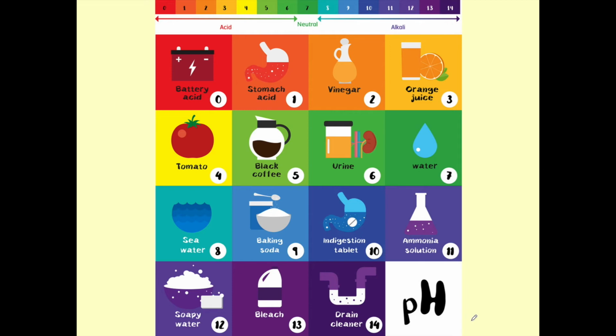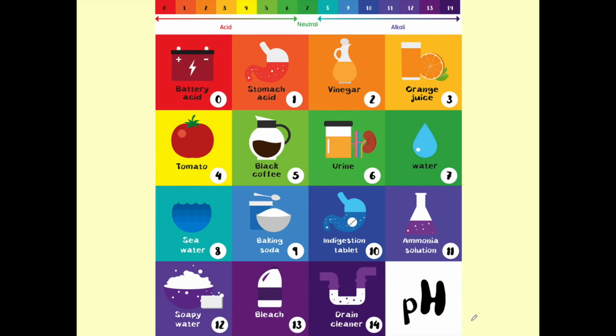But the advantage of our universal indicator is that it has that change through different pHs, and so we can use that to identify the different concentration and strengths of alkalis and bases, with our neutral also being picked up as a colour.